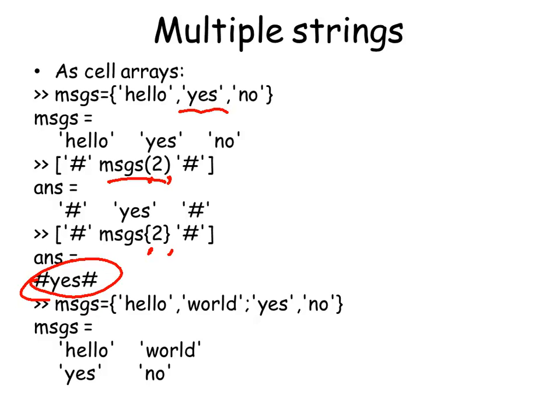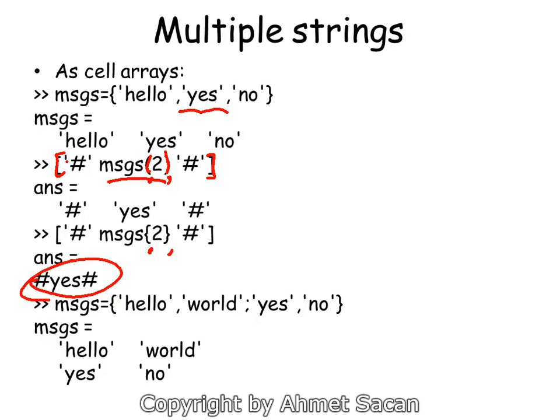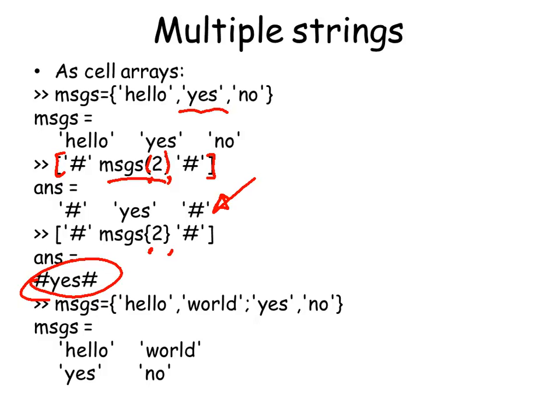So messages parenthesis 2 will give me a cell array, and if you enclose that with square brackets, you are concatenating cell arrays. So as a result, you will get a new cell array that contains 3 elements: a pound sign, the word yes, and another pound sign.